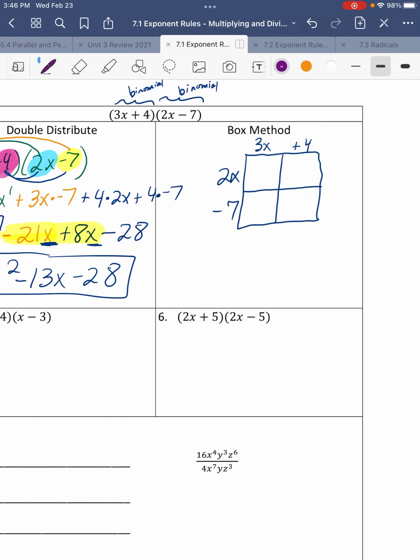Now, when you multiply this out, we do 2x times 3x, and that's going to be 6x squared. Then we have 2x times 4 is 8x, a positive 8x. So I write plus there.